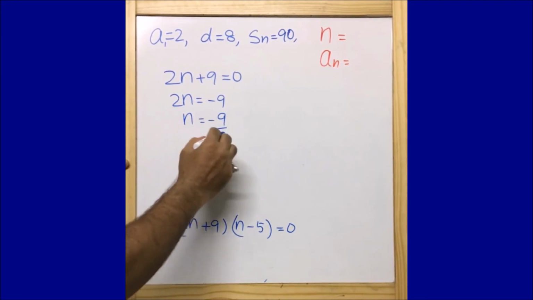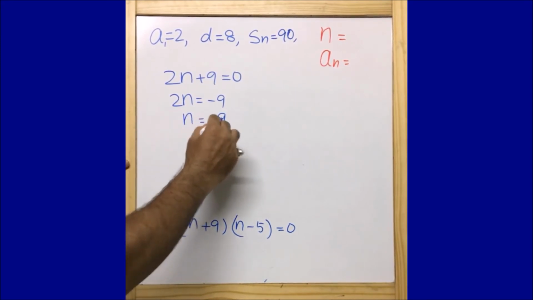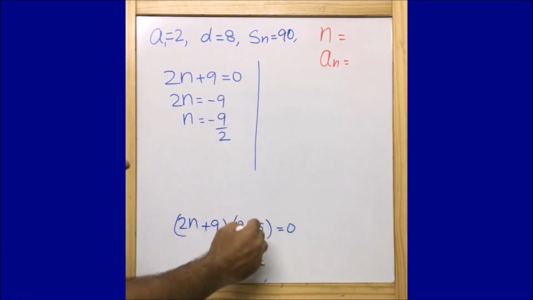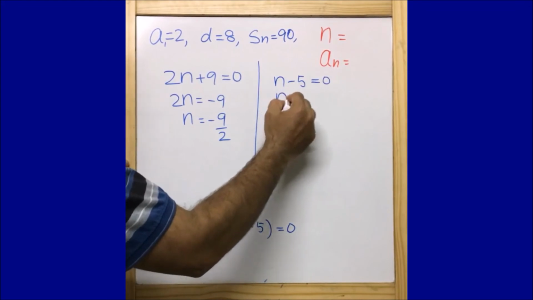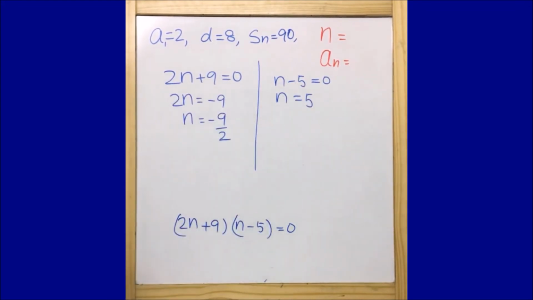One value of n we got is minus 9 by 2, and the other one is n minus 5 is equal to 0, or n is equal to 5.